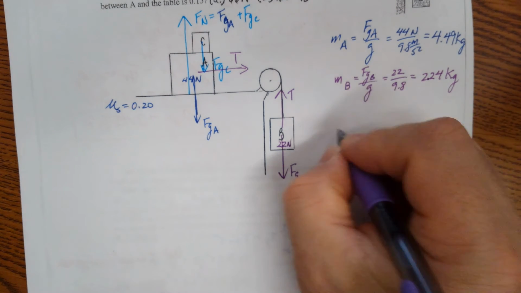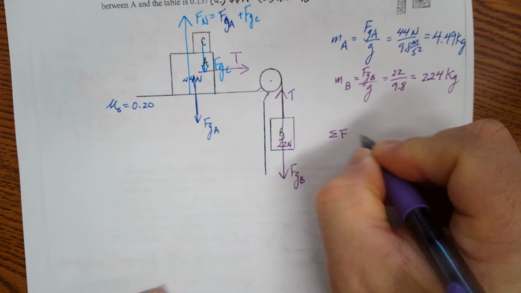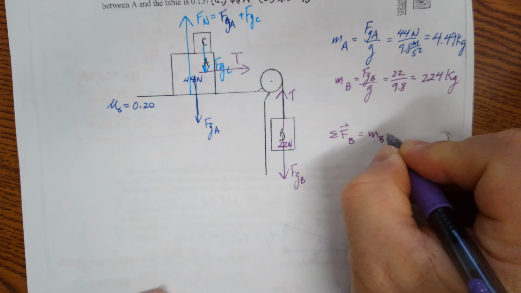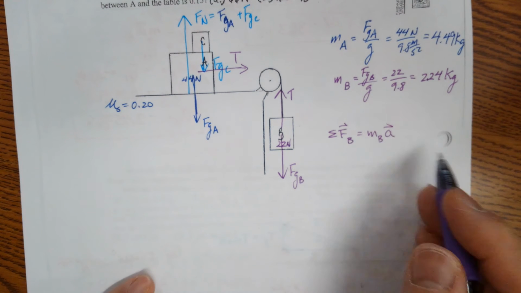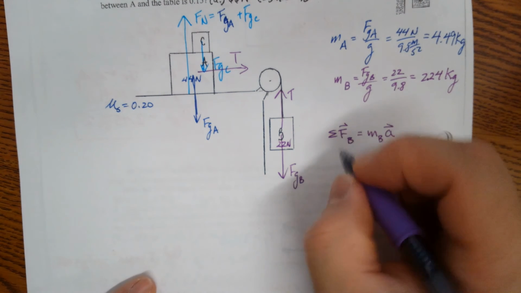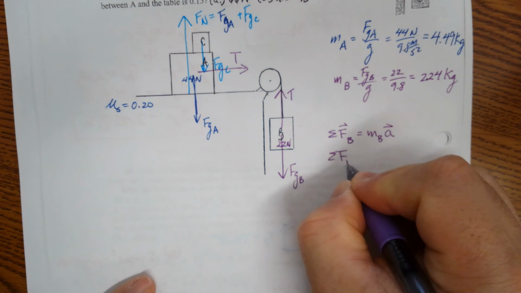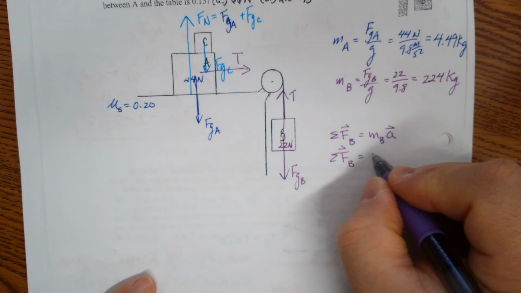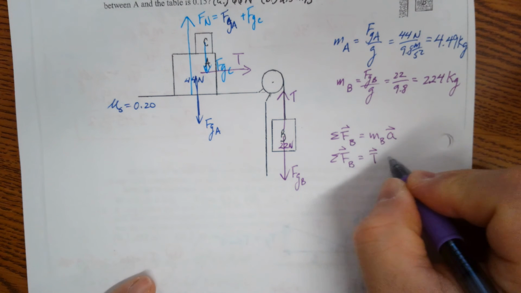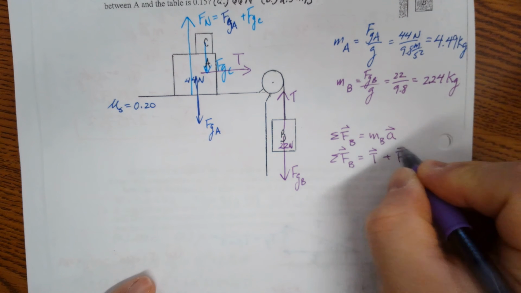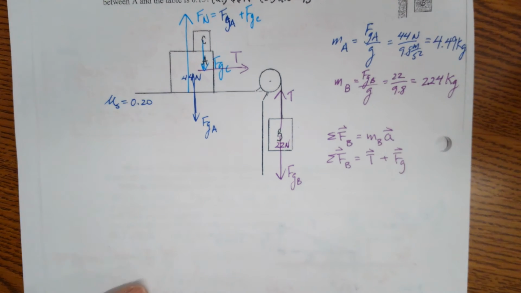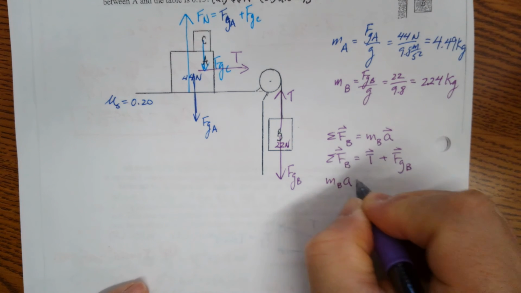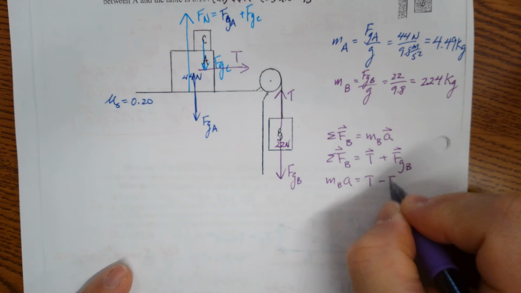So if I take the sum of all forces for B, it is equal to MB times A. It doesn't really matter which one is positive or negative, because my acceleration is going to be 0. So MB A is equal to tension minus FGB.